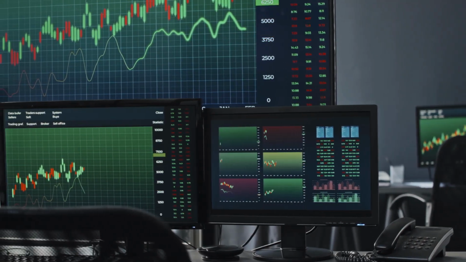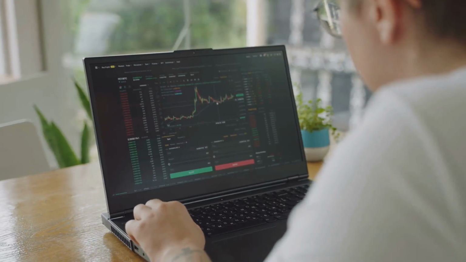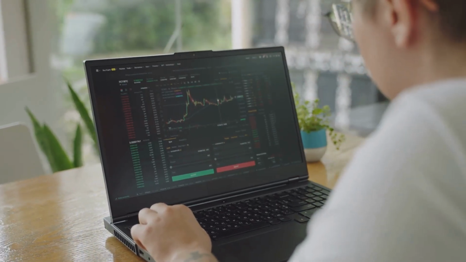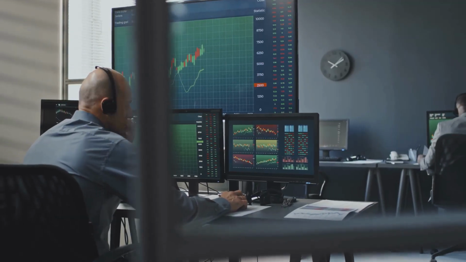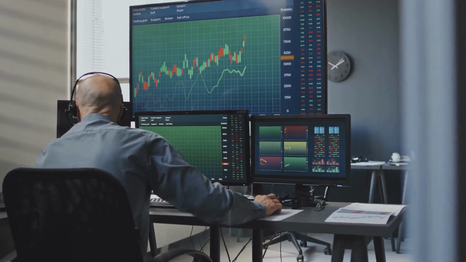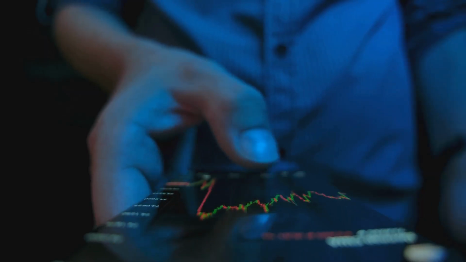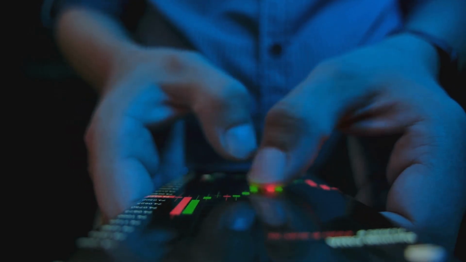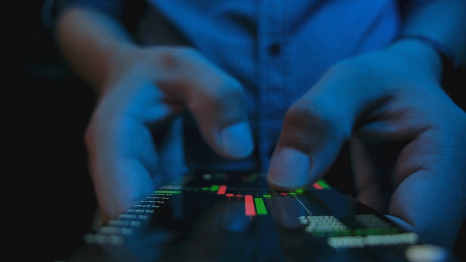While technical and fundamental analysis are often presented as distinct approaches, in practice, they are most effective when used in conjunction with each other. By combining the insights derived from both methods, investors can gain a more comprehensive understanding of the markets and make more informed decisions. For instance, an investor might use fundamental analysis to identify a company with strong growth potential and a solid financial position.